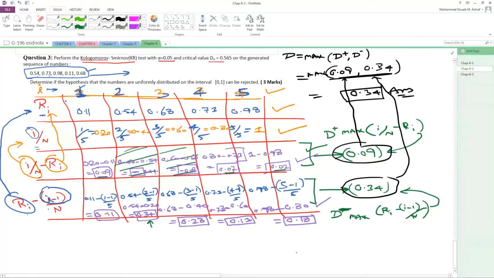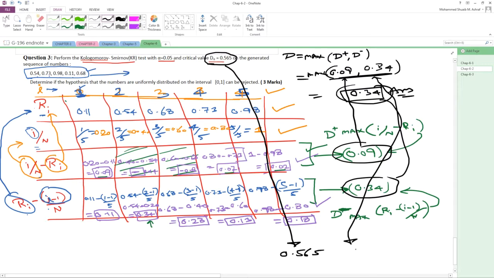After this, what you have to do? The critical value given in the question, write this value here: 0.565, and your answer here: 0.34. So is your answer bigger or smaller? The value given in the question is bigger.